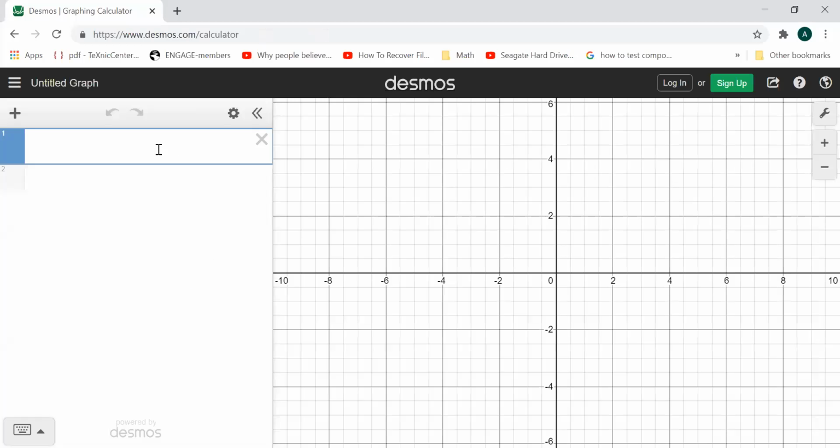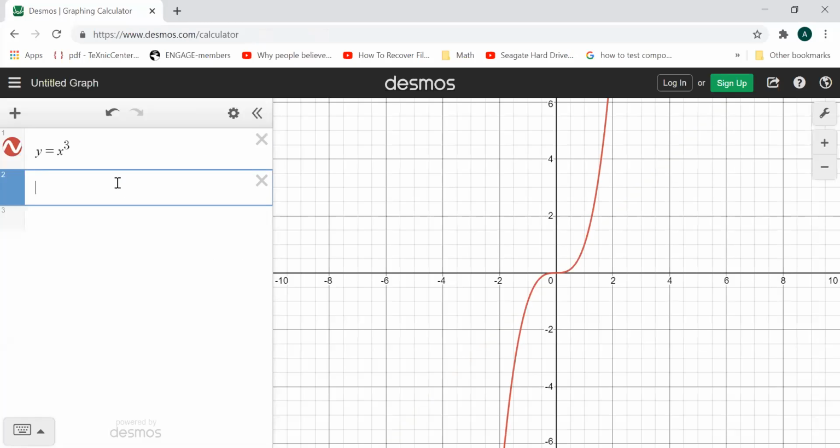I think you actually see it right now. Y equals x cubed. There's Desmos. And the other function was y equals x, and we want x to be greater than or equal to 0. So basically, that's the area between these two curves that are rotating above the x-axis.